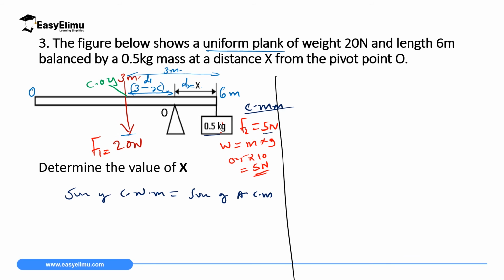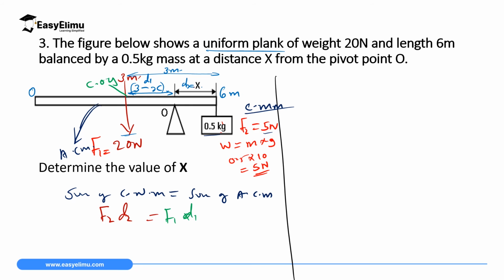Then the weight of this plank will give us an anti-clockwise moment. So our clockwise moment will be F2 times the distance to the pivot, D2, which will equal F1 times the distance to the pivot, D1.